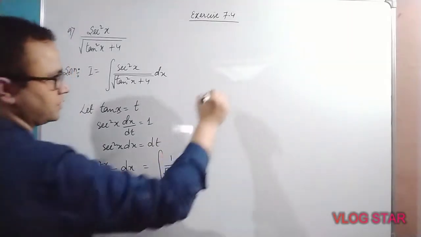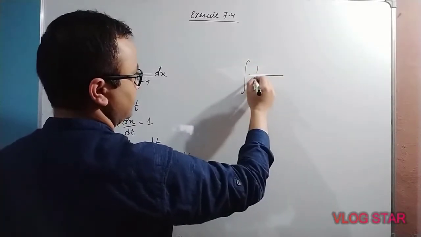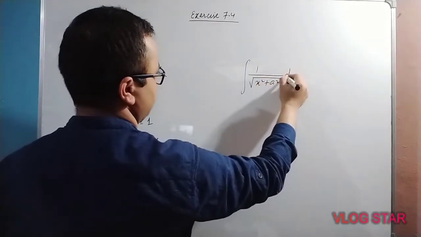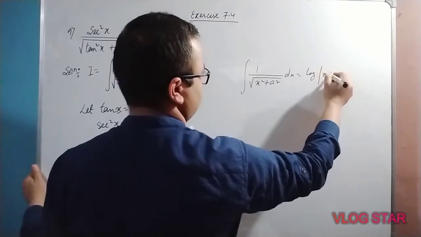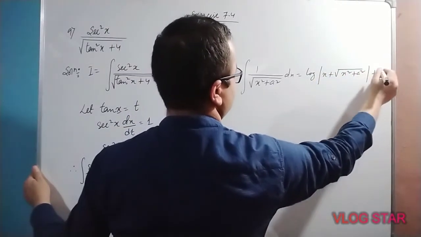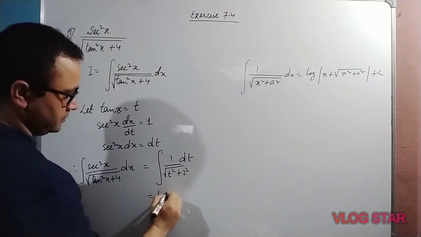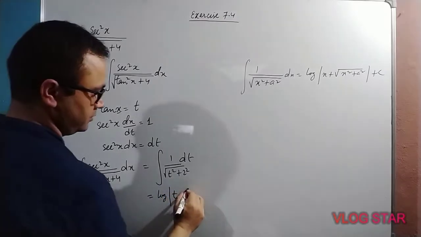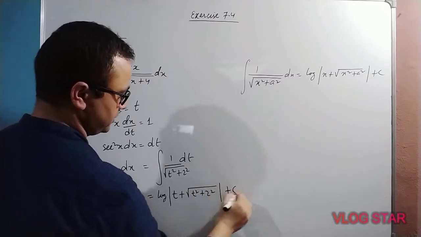Now what is the formula of integration of 1 by root under x square plus a square dx? It is log x plus root under x square plus a square plus c. So this equals log t plus root under t square plus 2 square plus c.